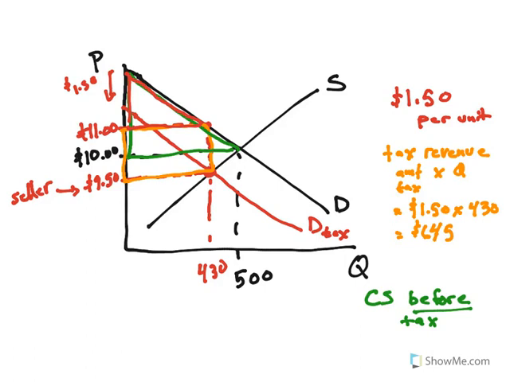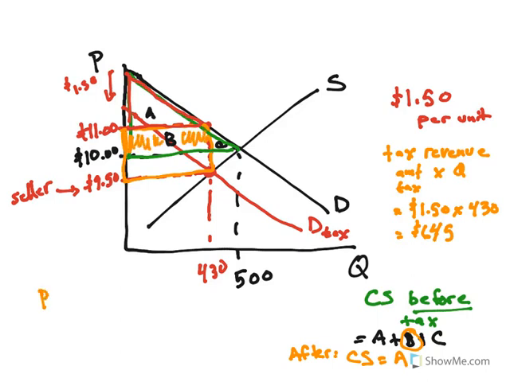Let's use some letters here to break down what each of these areas is. So the letter A plus B plus C is our consumer surplus before the tax. After the tax, the consumer surplus is just A. So what happened to B and C? Well, B became part of this tax revenue. So B is the consumer's tax burden.